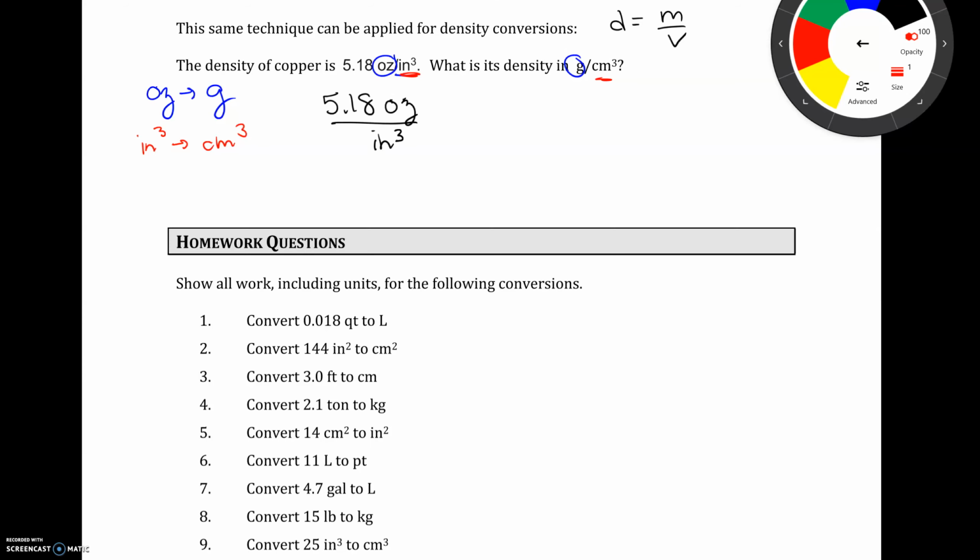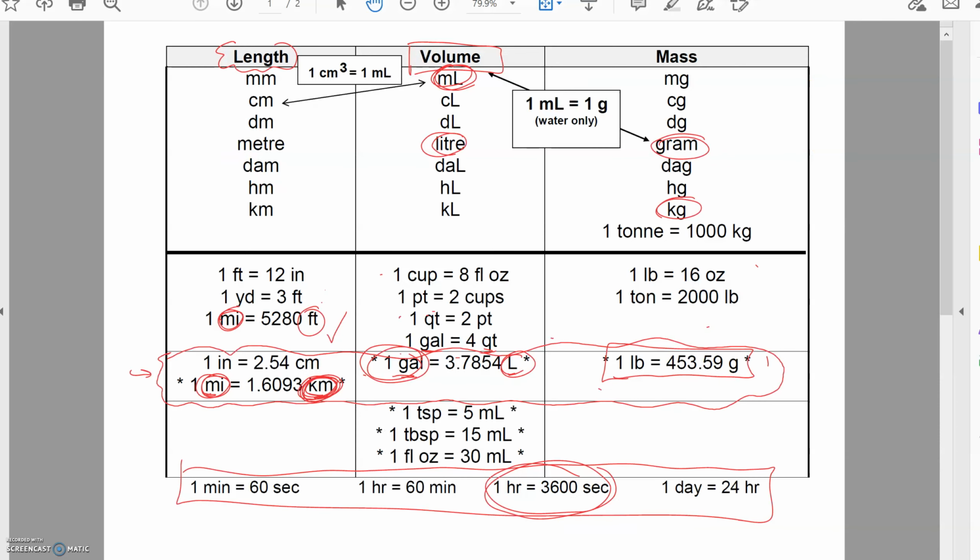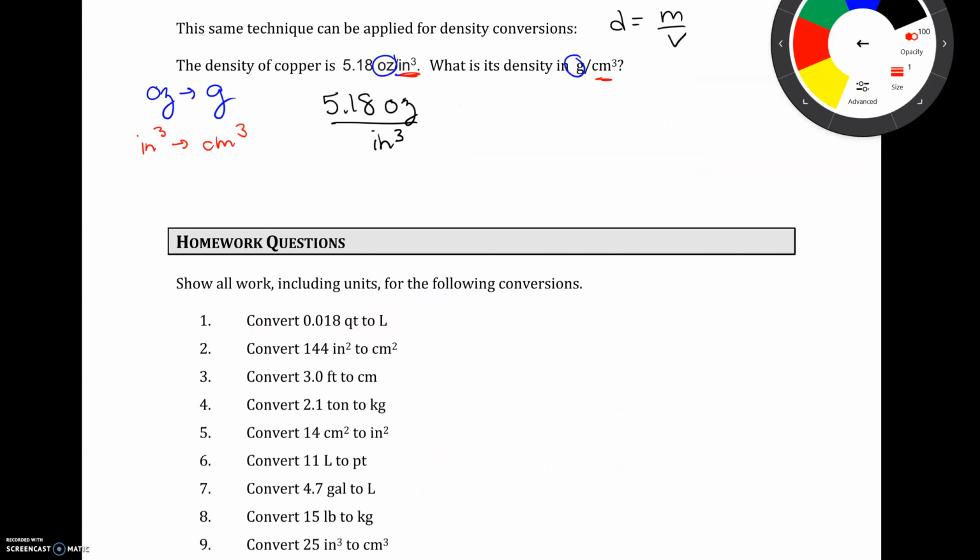Okay, you may recall that for mass, we don't have a conversion factor that lets us go directly from ounces to grams, but I can go from ounces to pounds and pounds to grams. Okay, so I can write those conversion factors in. My conversion factor from ounces to pounds, 1 pound is 16 ounces, and then my conversion factor from pounds to grams.